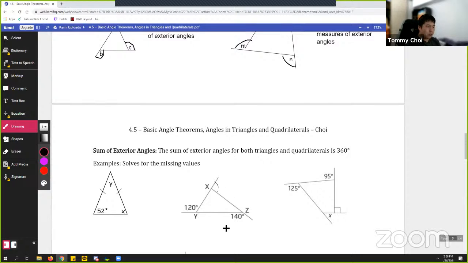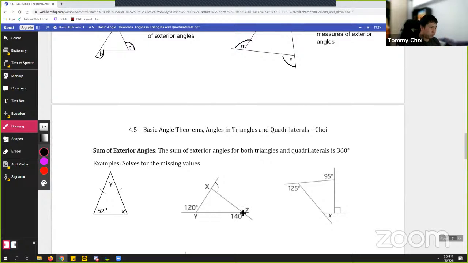If you add up all of the exterior angles, you're always going to get 360 degrees. Okay? Now, what matters here, though, is how you target your exterior angles.